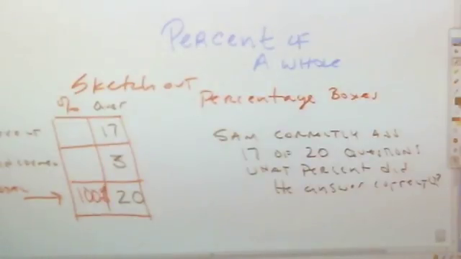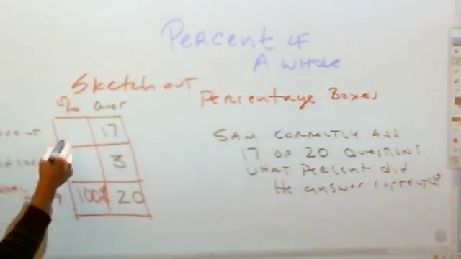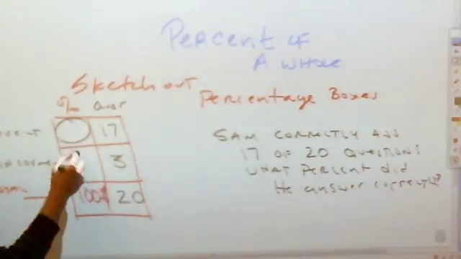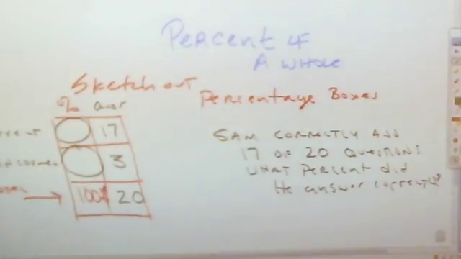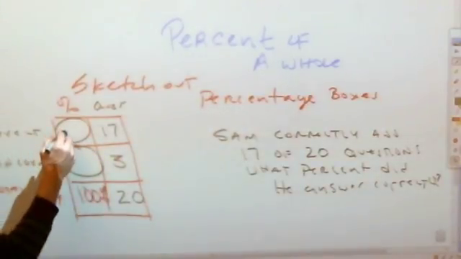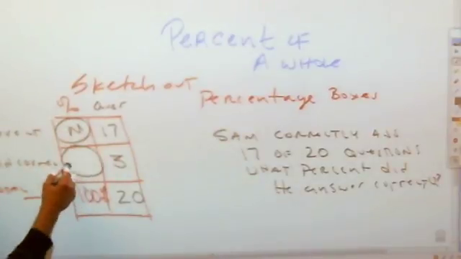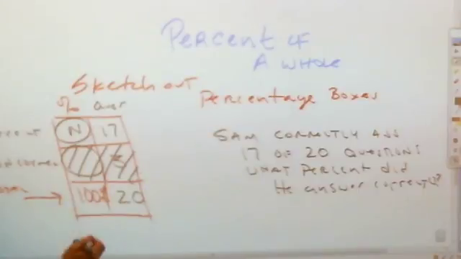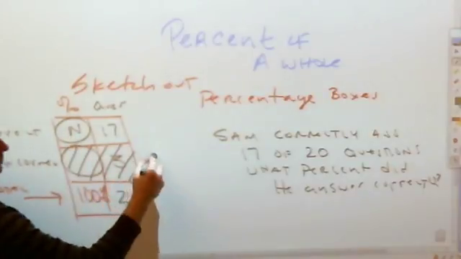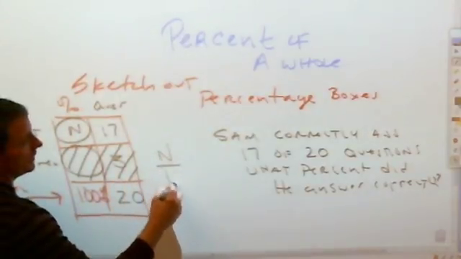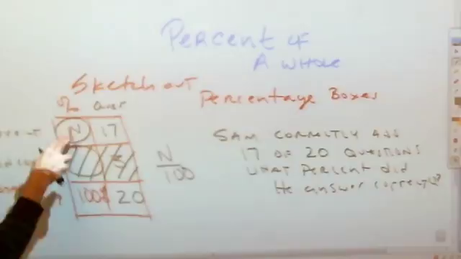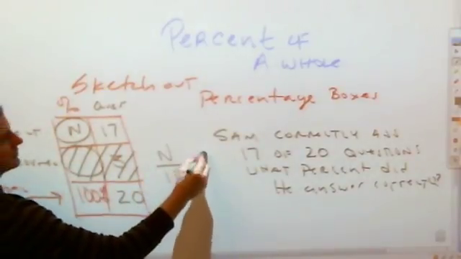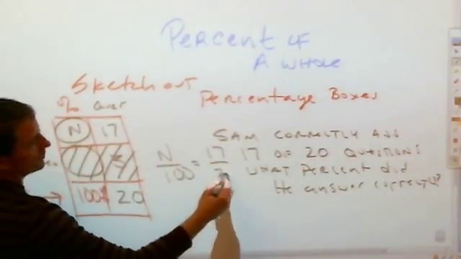What am I looking for? Do I want to know the percent correct, or the percent incorrect? Correct. So this is the one I need right here, which means you can pretty much ignore this whole box. These other 2 rows make up your equal fractions. What number over 100 equals 17 over 20?